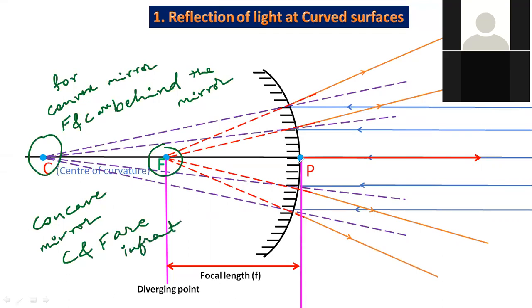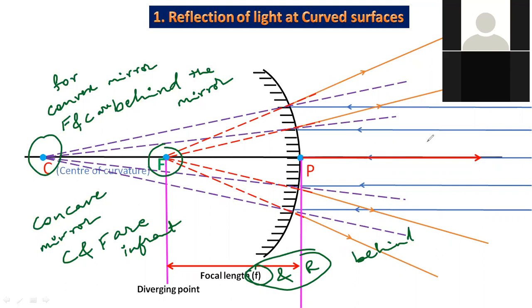Are you clear, everyone? Any confusion? So where they are available, there you can measure the radius of curvature and focal length. So F and R we can measure behind the mirror for a convex mirror, right? F and R we will measure in front of the mirror for a concave mirror.